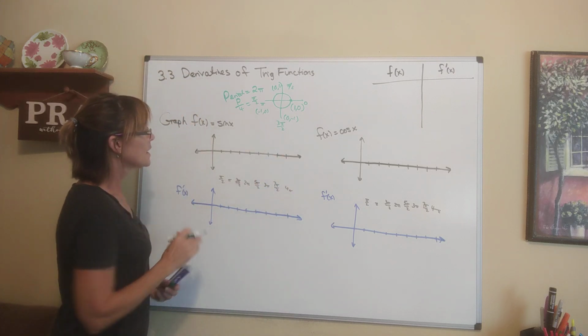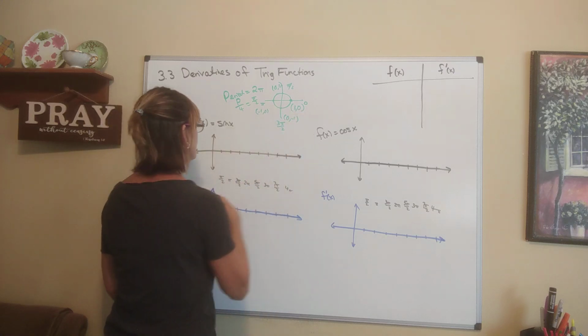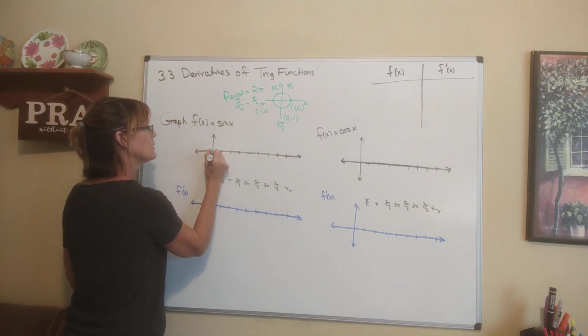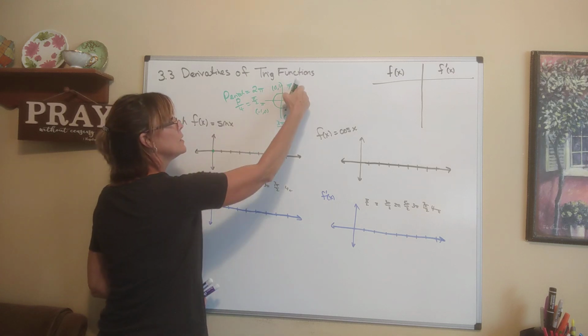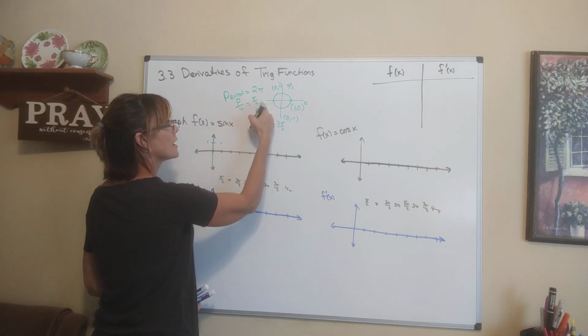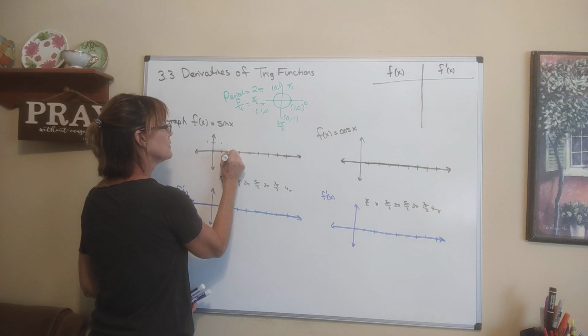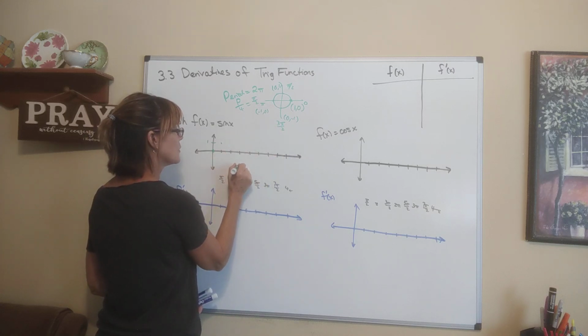So right here, the sine of 0 is 0. So we're right here. And the sine of pi over 2 is 1. So we're up here at 1. And so the sine of pi is the y coordinate, which is 0. And the sine of 3 pi over 2 is the y coordinate, which is -1, down here.